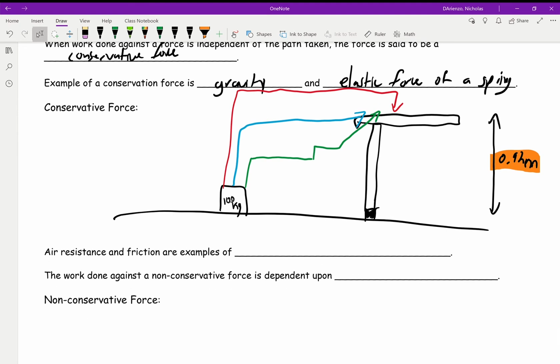Air resistance and friction are examples of non-conservative forces. For these ones, the work done is dependent on the path taken.